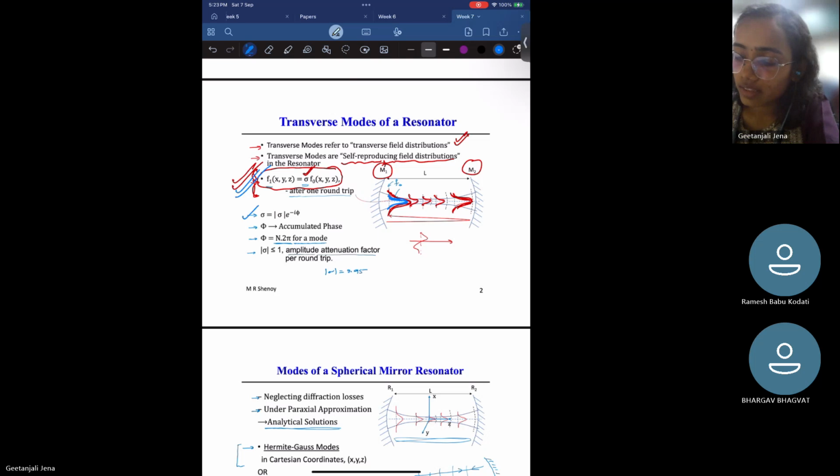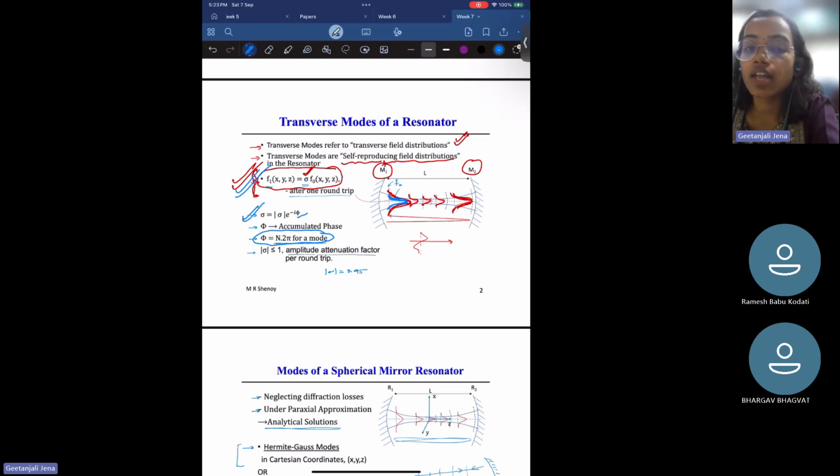And the sigma here is an amplitude attenuation factor, which is sigma equal to mod sigma e to the power minus i phi. So mod sigma is the amplitude attenuation factor, and phi indicates the accumulated phase during one round trip. And for a transverse mode, this accumulated phase has to satisfy this condition, which we have seen earlier also.